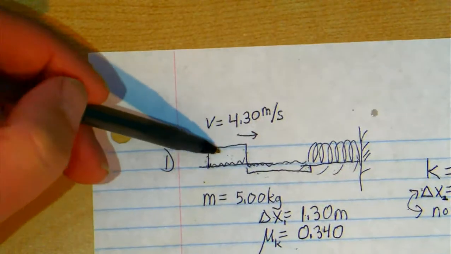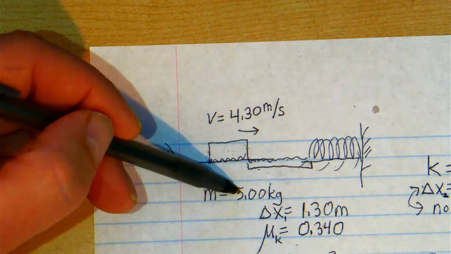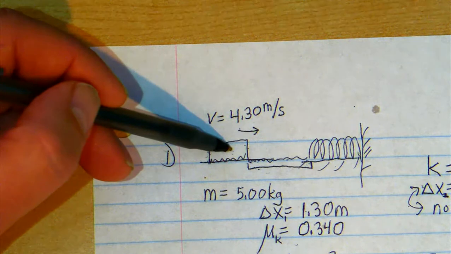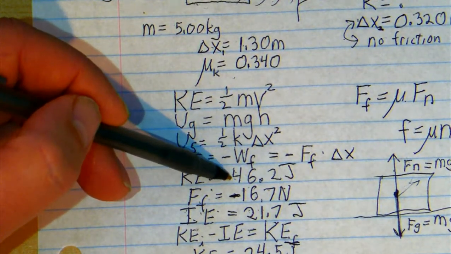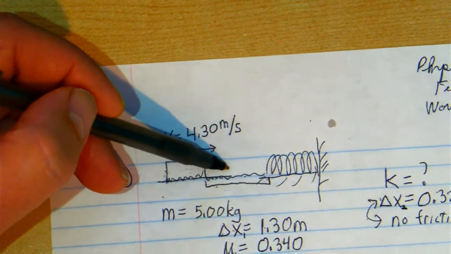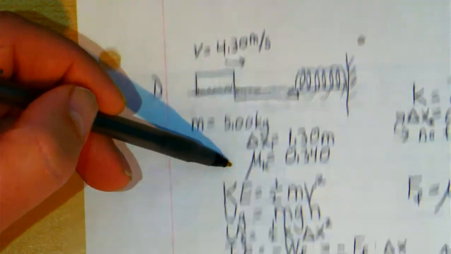So the block started off with a 5 kilogram mass that doesn't change, initially going at 4.30 meters per second. That worked out to mean it had 46.2 joules of kinetic energy at the beginning of this problem. As it went over a rough patch where there was friction, it slowed down.